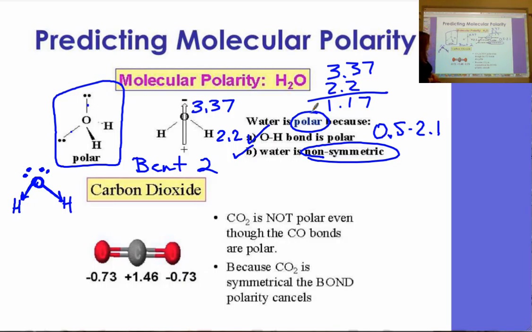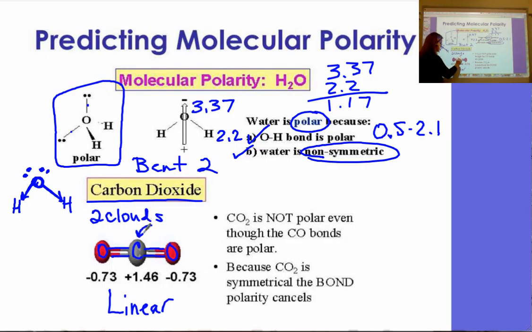Our next example is carbon dioxide. Here's my carbon. Carbon dioxide means I have 2 oxygens. What shape is this? I have 1 cloud here and 1 cloud here. Anything with 2 clouds has to be linear. What's this carbon experiencing?